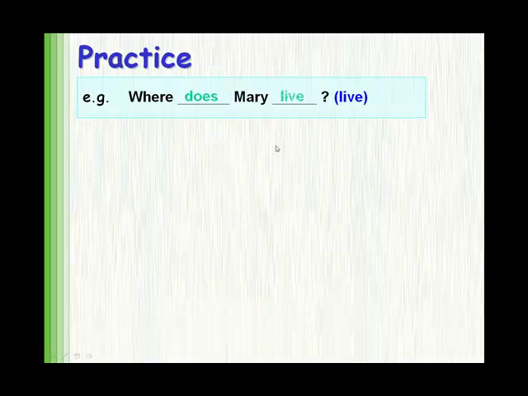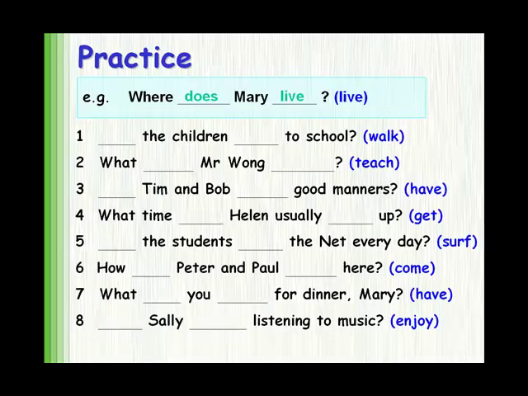Because Mary is she. So where does Mary live? That would be the same as saying, where does she live? Okay? Well, as usual, I'm going to ask you to pause this video and copy these questions, and then just fill in the spaces with either do or does and the verb. Okay? And don't cheat, because I'm just going to give you the answer right away, okay?